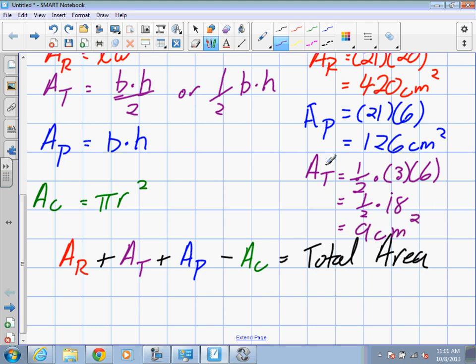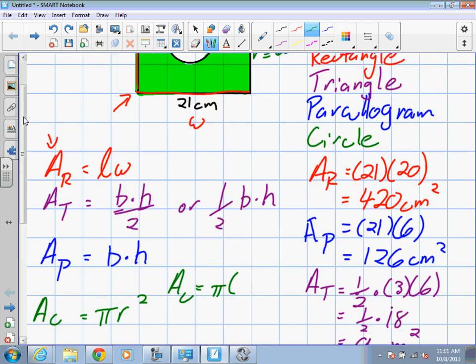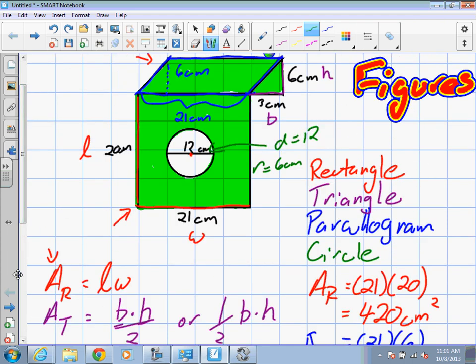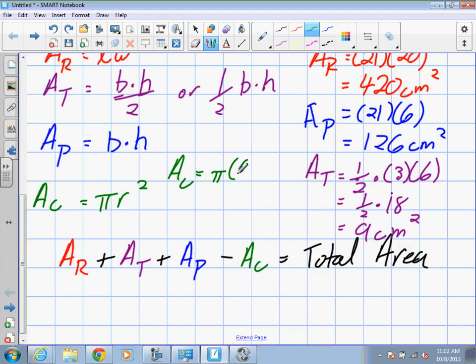And finally, the area of the circle is pi. What was our radius in that question? That's right, diameter was 12, so it's 6. 6 squared. What is 6 squared? Okay. So pi times 36. This one I'll need a calculator for. It's probably a little over 100.